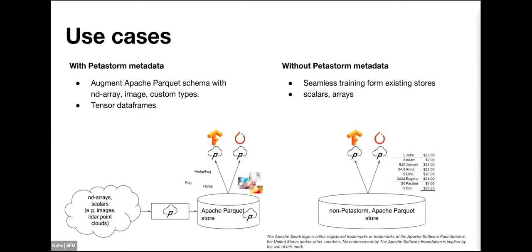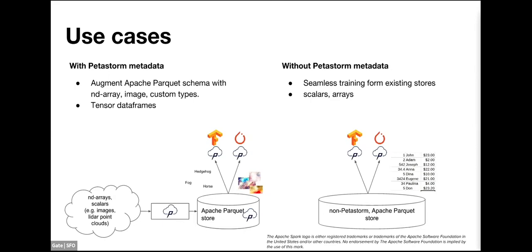However, after we open sourced it, we started getting some input about other possible scenarios. For example, can we use Petastorm to read standard Parquet files that were created by other systems somewhere in our organization? Can we read them directly into TensorFlow? I don't create them, but I just go to my organizational data warehouse and start to stream data from there directly into my training procedures. So this is the scenario that we describe on the right side.